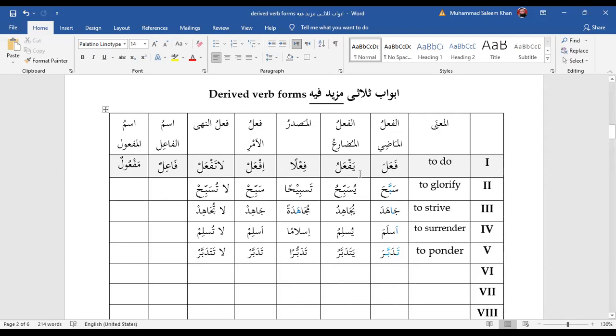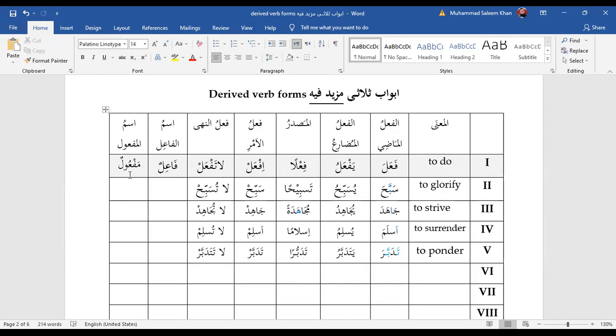For example, we have fa'ala, yaf'alu, fi'lan, fi'l al-amr if'al, fi'l al-nahi la taf'al, ism al-fa'il, fa'ilun, the one who is the doer, and ism al-maf'ul is maf'ulun, the one who is the receiver of the action.